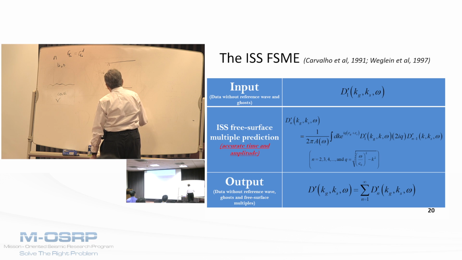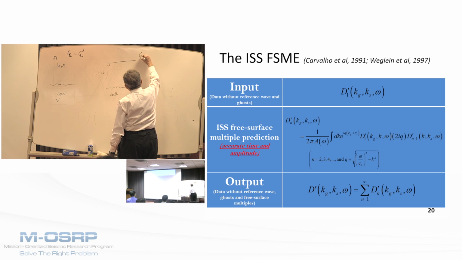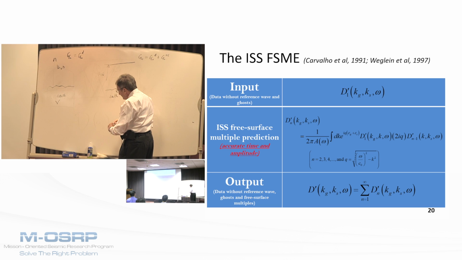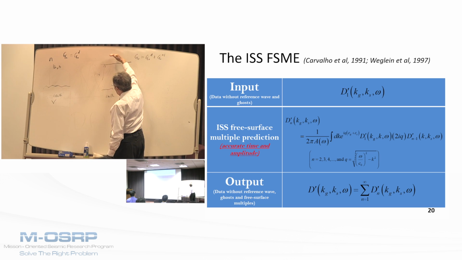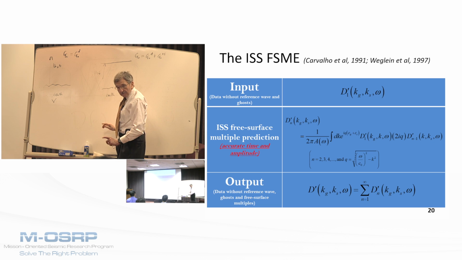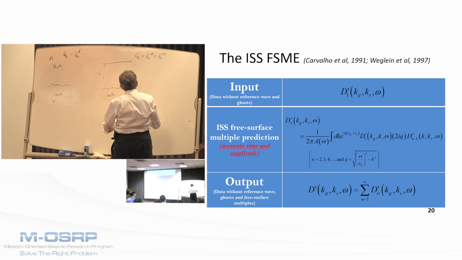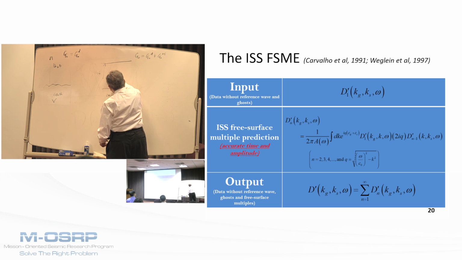In this case, G0 will be G0 direct plus G0 FS. Because here the reference will be like a vacuum, let's say, or air, and then water. That's the reference. The reference will have a piece that does this, like G over there, and a piece that does this.